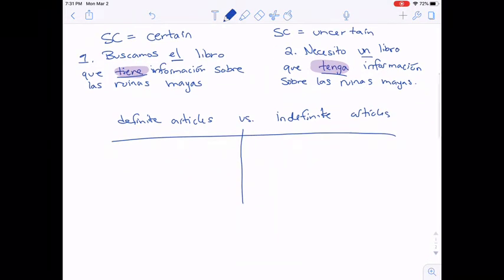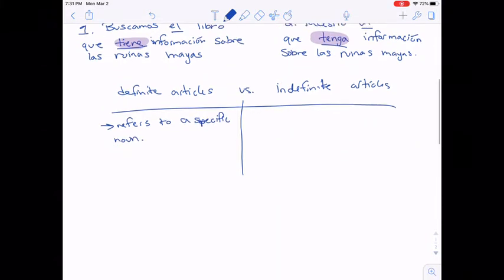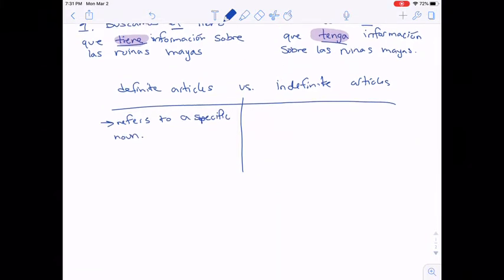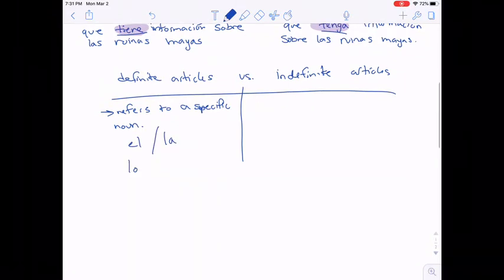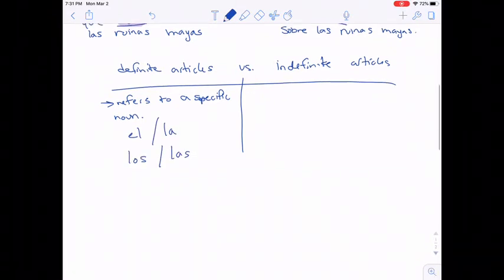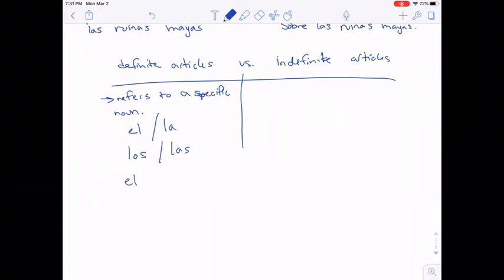A definite article refers to a specific noun. For example, a definite article would be el or la, los and las. And an example would be el libro, which would translate to the book. So if you're saying el libro, you're going to be referring to a specific book.